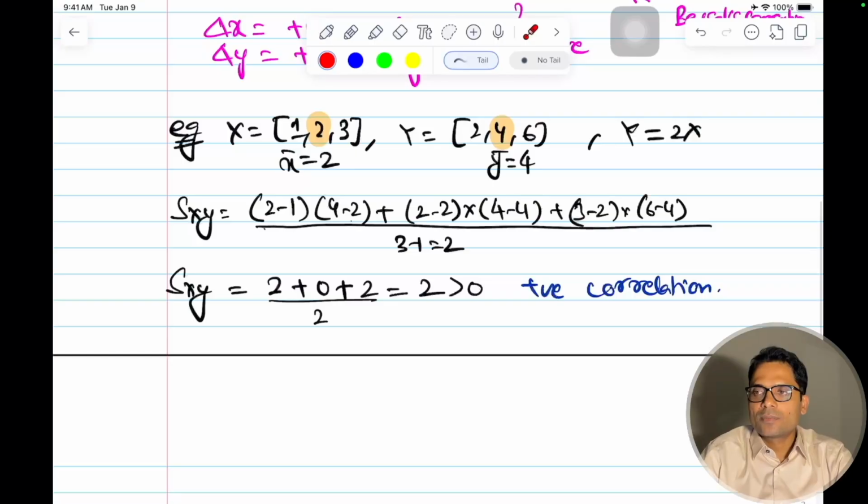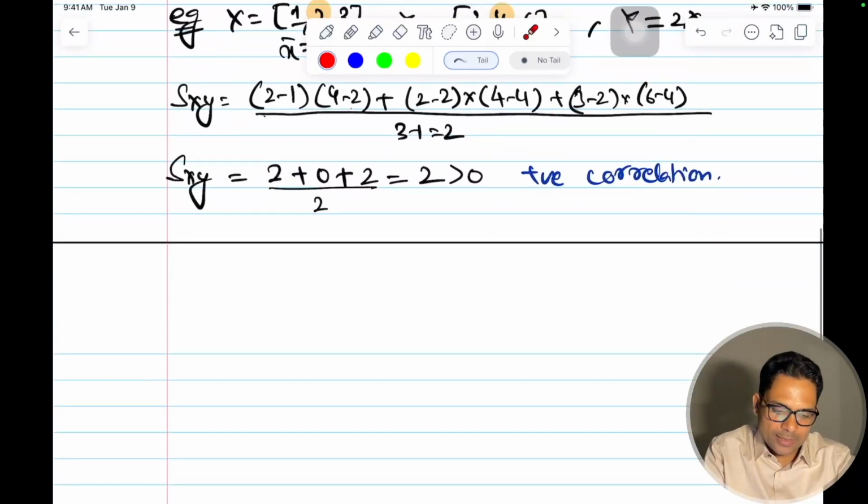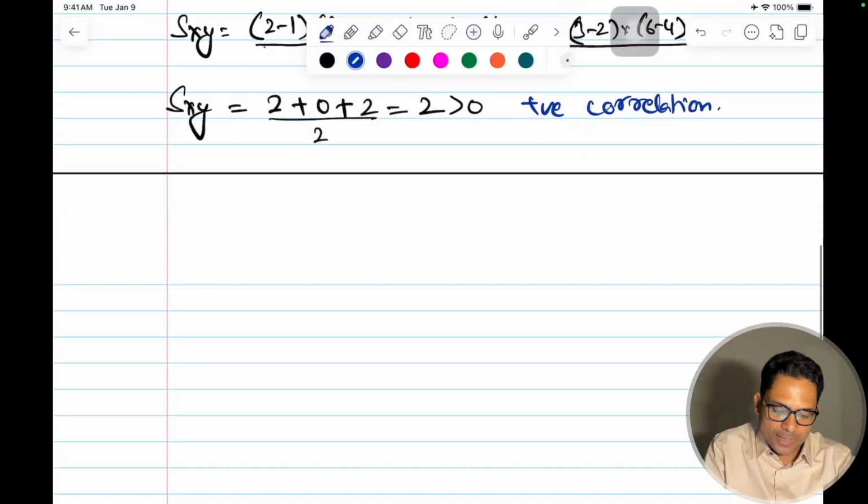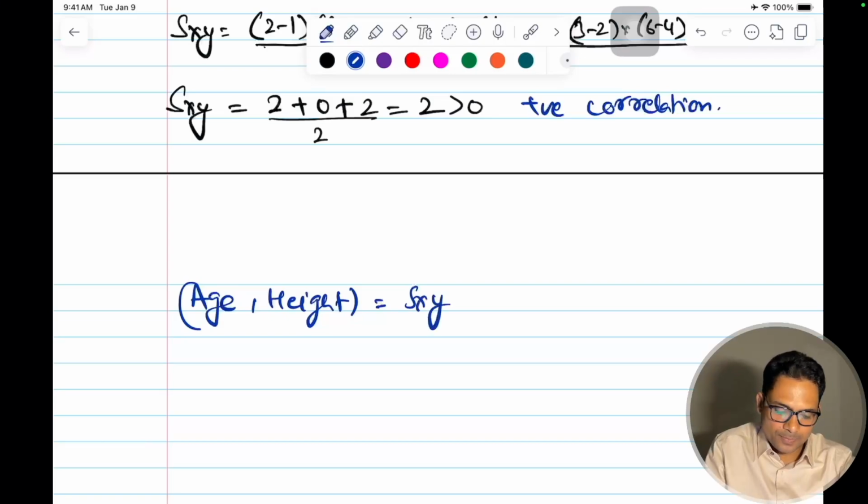So if you want to compare two different data sets, say for example, I have one data set which gives me the covariance of age and height. So I'll get some covariance as xy. And there's another, say for example, years of experience and salary.